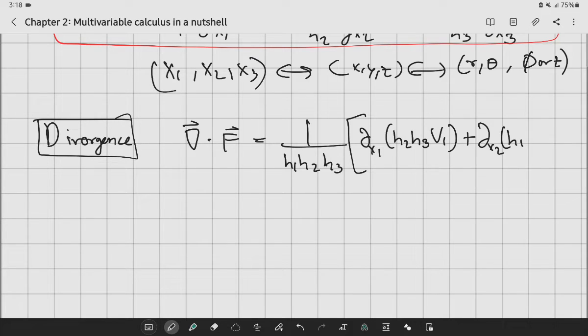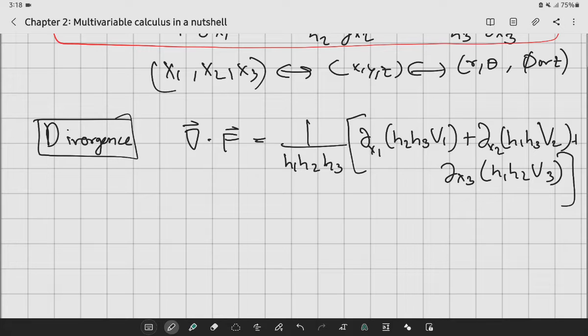You can see that I'm not including h1 in the first term, and similarly, I'll not include h2 in the second. I'm just taking the other two. Plus partial x3, I'll skip h3 here, h1, h2, v3. That's how you can remember this.